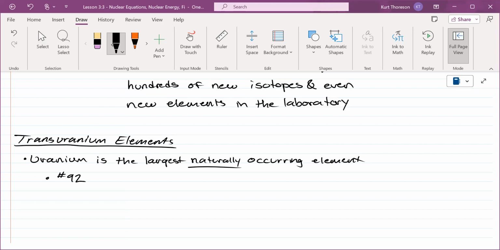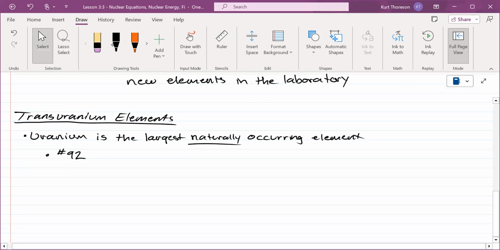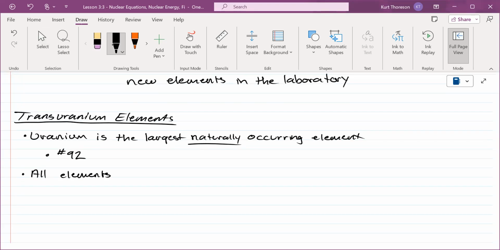But it is not the biggest element on the periodic table. All elements beyond uranium are man-made. We call that synthesized. And they are called the trans-uranium elements.